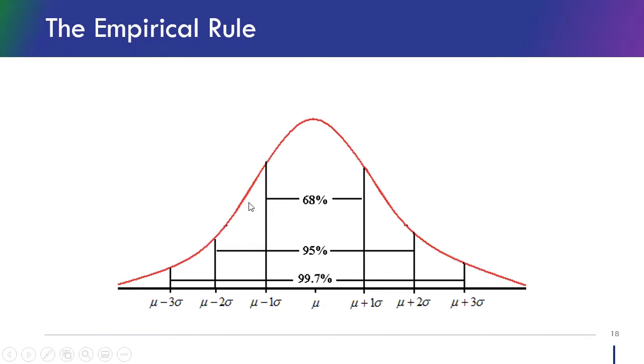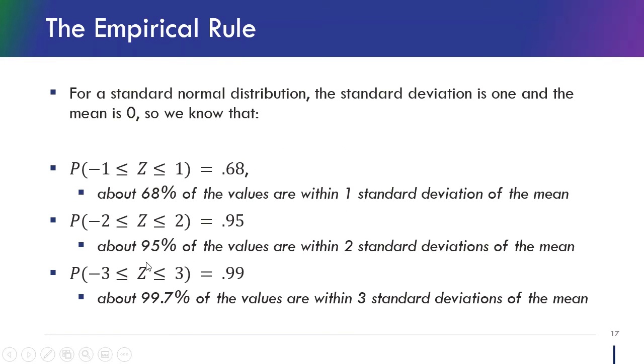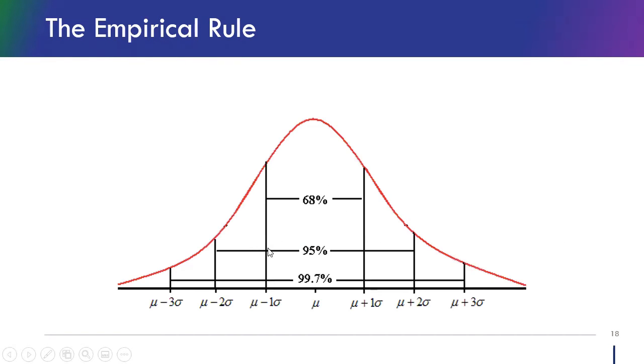This plot shows you what these three equations mean. This is what we mean when we go one standard deviation away from the mean. Our mean is mu, and we go one standard deviation on the left and one on the right. This area covers 68% of the data for this random variable.